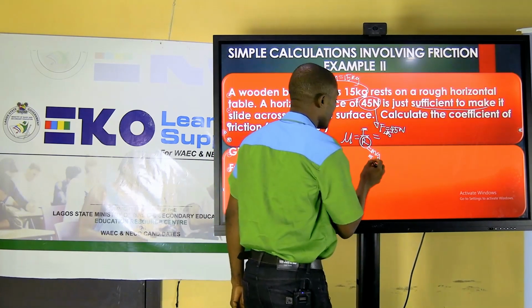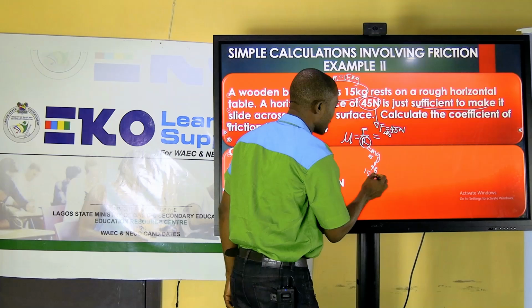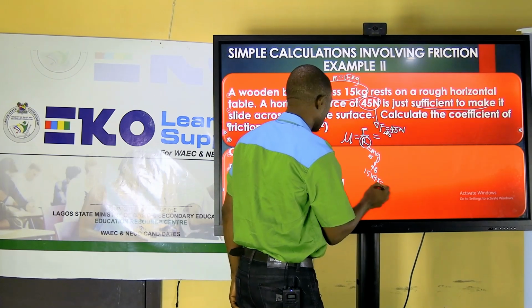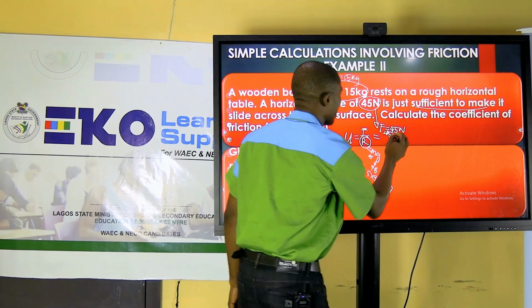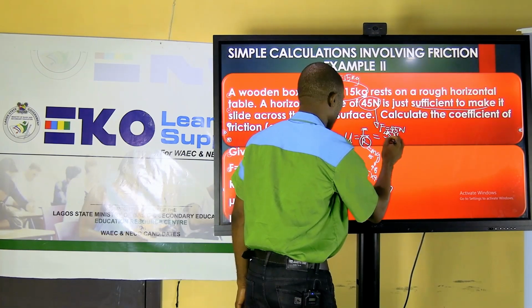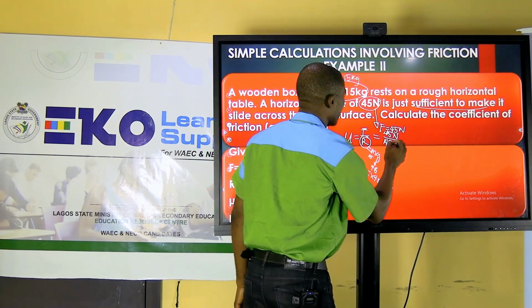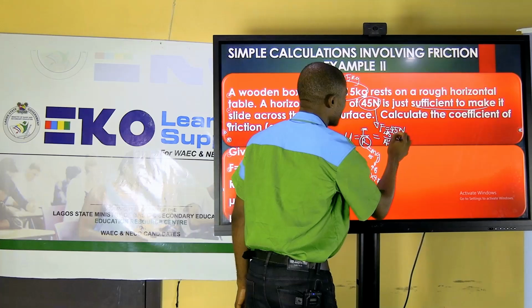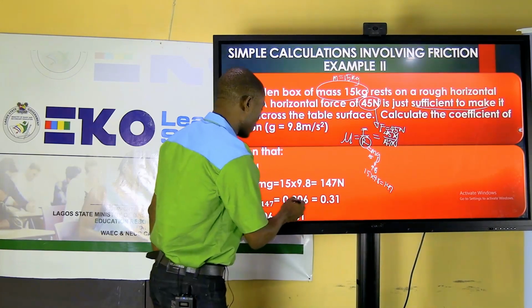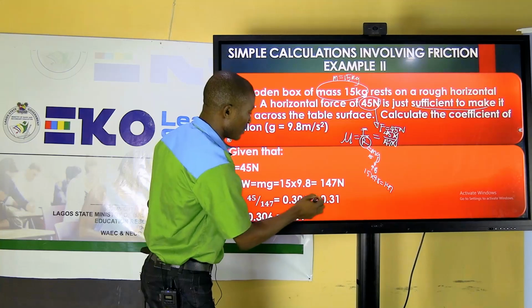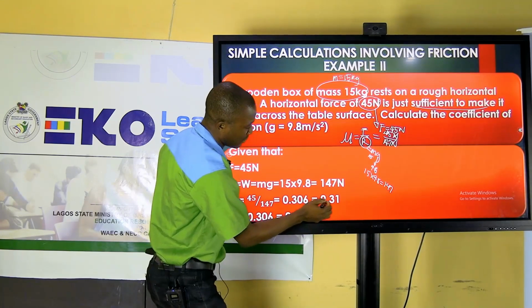So you will now bring it 15 times 9.8. 15 times 9.8 will give us 147. So from here, you're going to have 45 newton over 147 newton. So 45 over 147 will give us 0.306. To the decimal place, you're going to have 0.31.